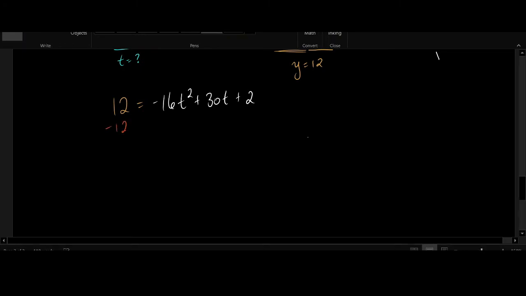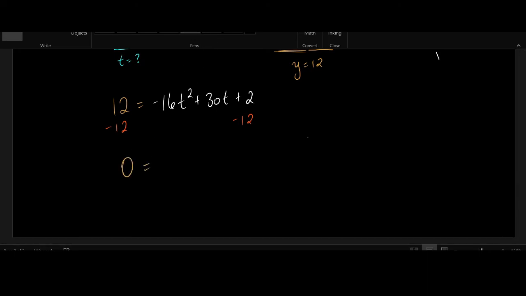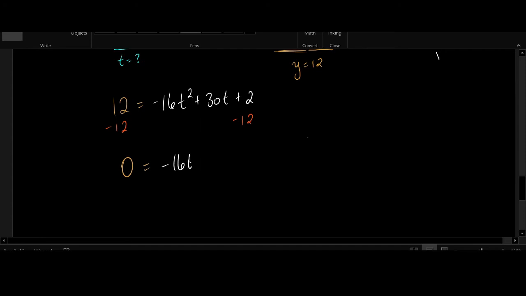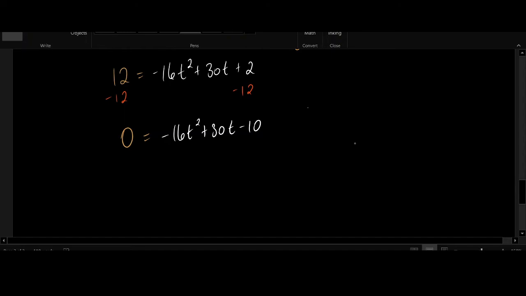So I'm going to start by subtracting 12 from both sides, so that I have 0 is equal to negative 16t squared plus 30t, and then 2 take away 12 is negative 10. This is the only way to see the true value of a, b, and c for this problem.